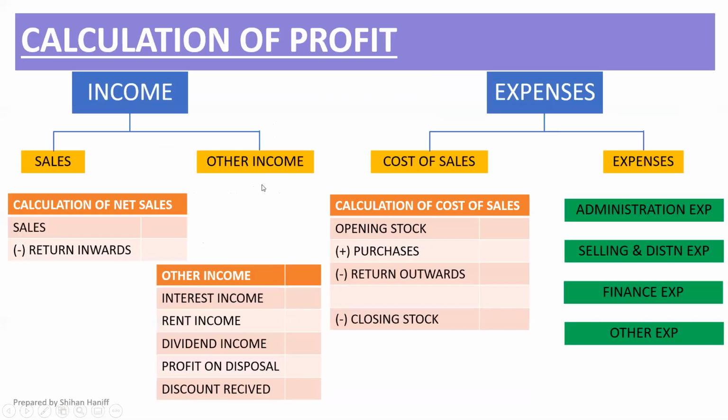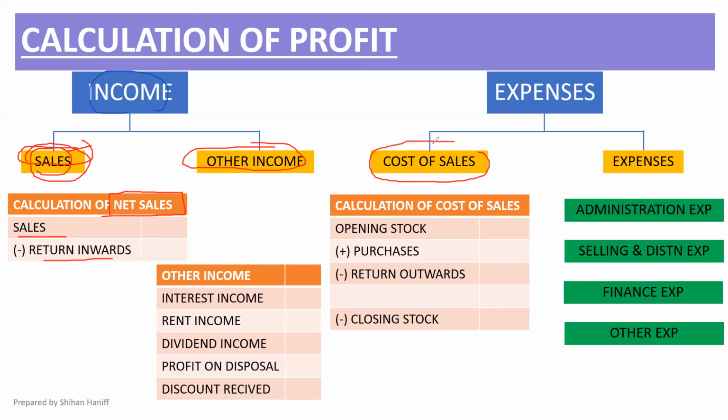Okay, look at this. This is how you calculate the profit. Now there was a question to explain the net profit and gross profit, right? See this calculation. Income is mainly divided into sales and other income. The main income of a business is sales. Sales means the net sales, which is calculated as sales minus return inwards.